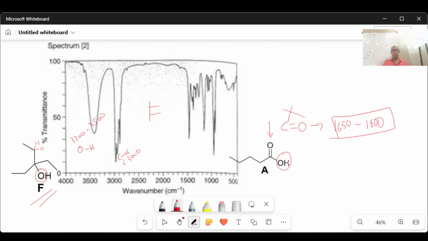Even though it has this OH, it might be confusing because you see the OH stretching there. Both should have OH, but you don't have this carbon-oxygen bond. Therefore, spectrum 2 belongs to compound F. Okay? So I'll continue to the next one.